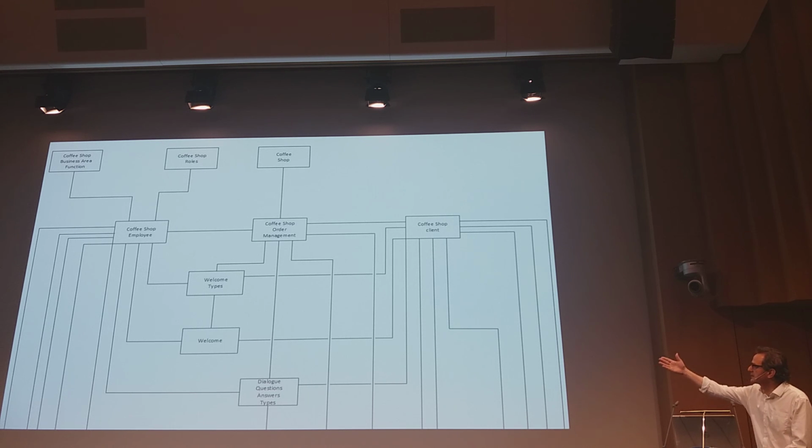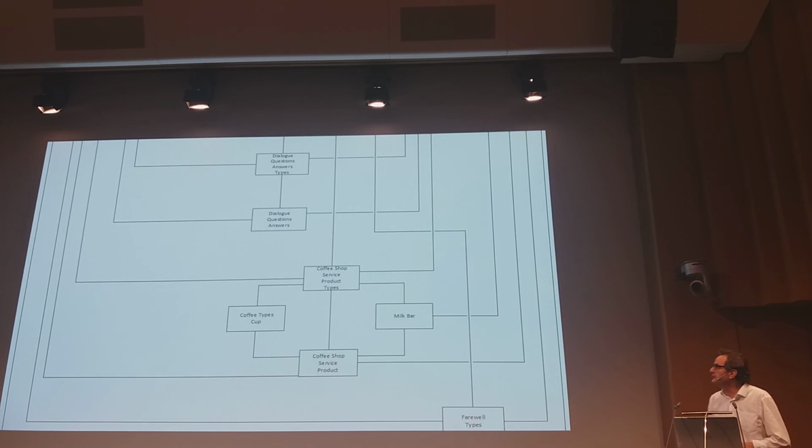Then we have the cluster welcome types and welcome. Then we come to the next cluster, which is dialogue questions answers types and dialogue questions answers. Then again we have coffee shop service product types and coffee shop service product. And then we have coffee types cup and milk bar.